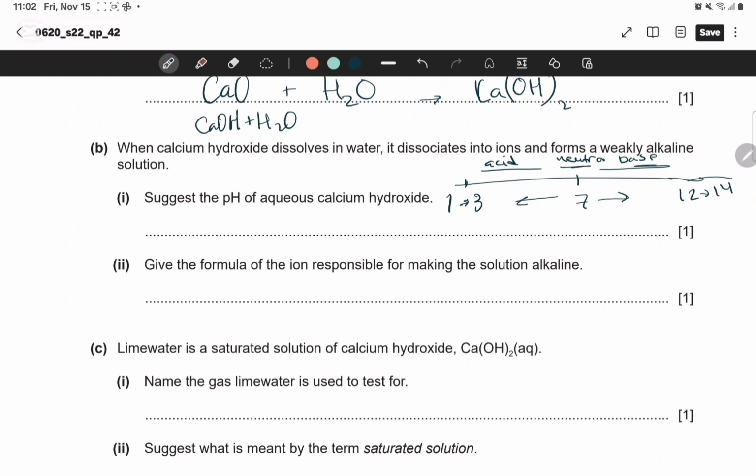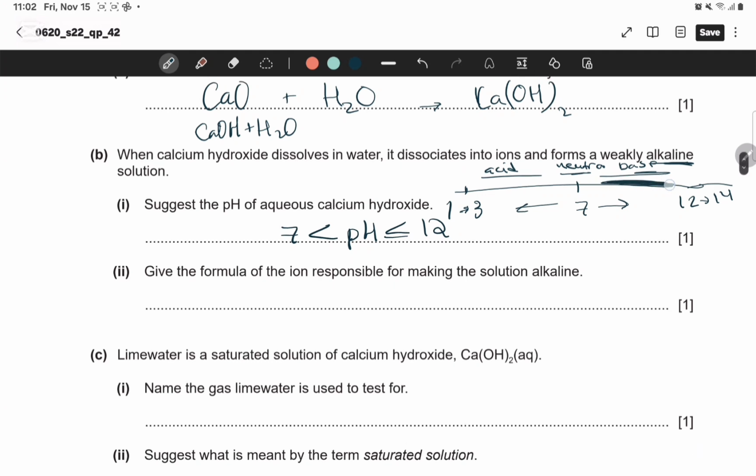So they're saying suggest the pH of the aqueous calcium hydroxide. So since it's a weak base, but it's more than 7 since it's alkaline, maybe it's less than or equal to 12, because the weak bases are from around 7 to 12. Here from around greater than 7, and less than or equal to 12.